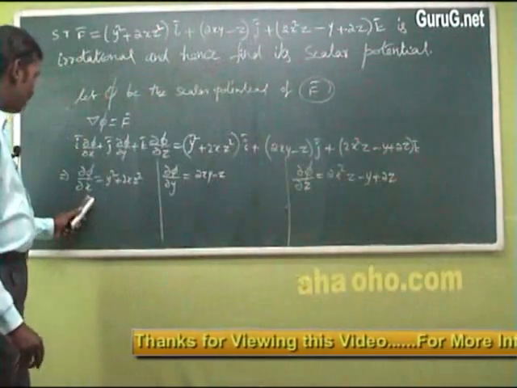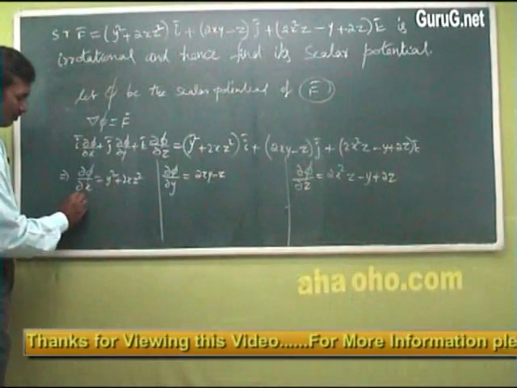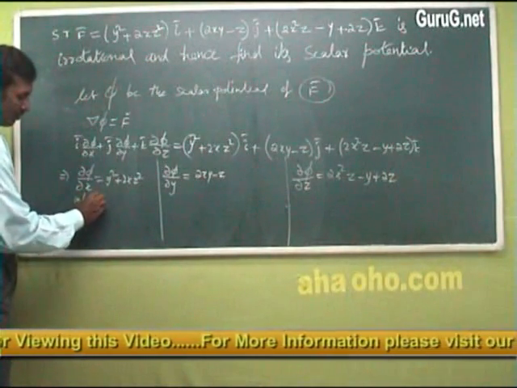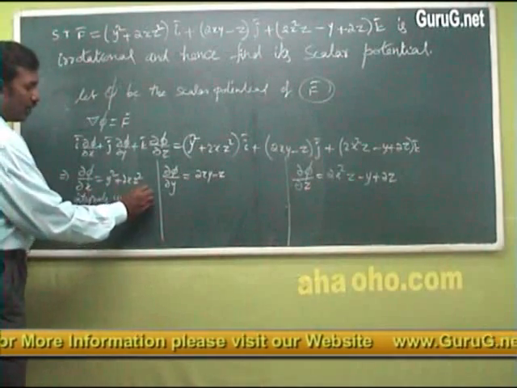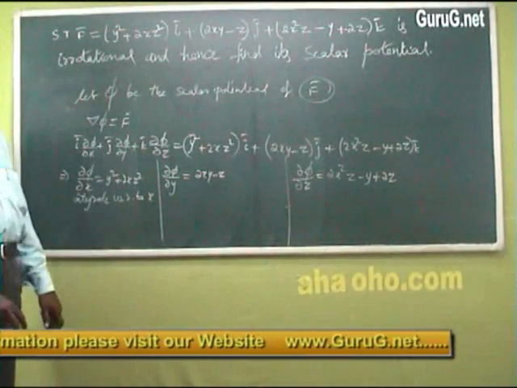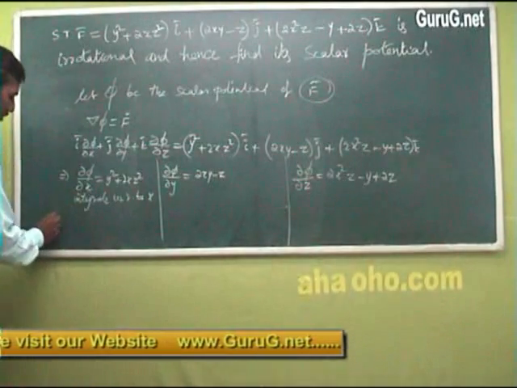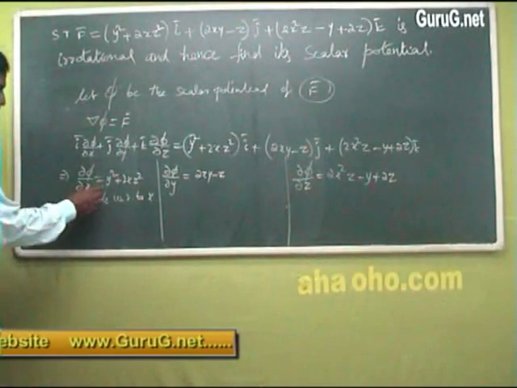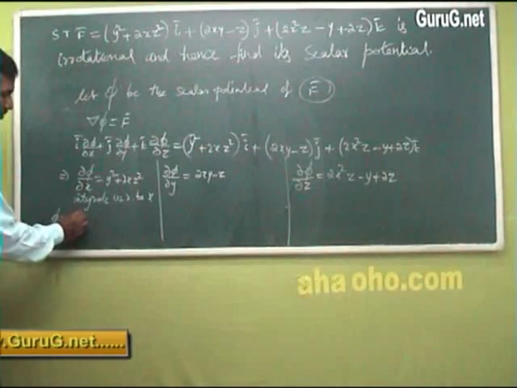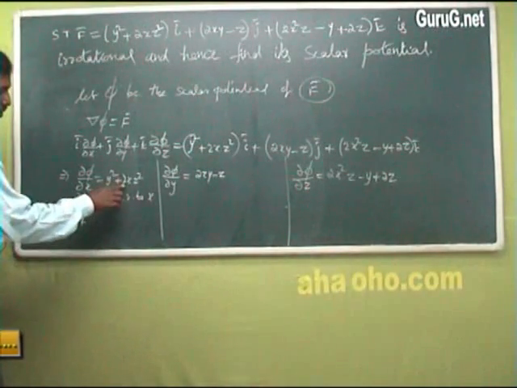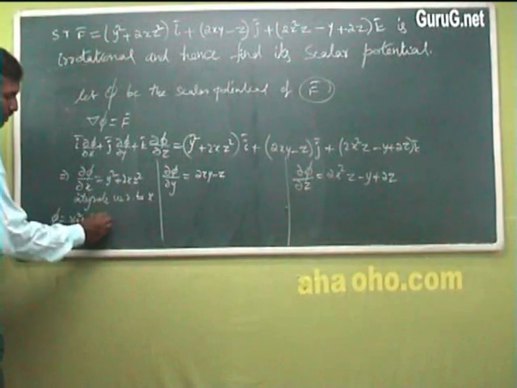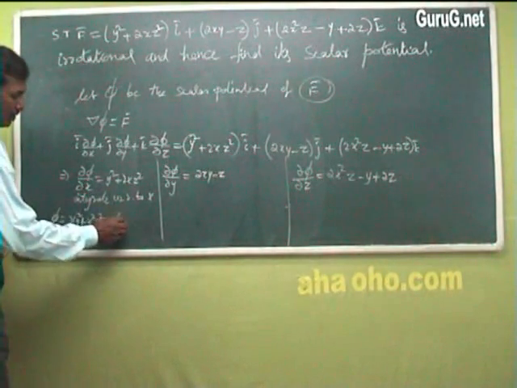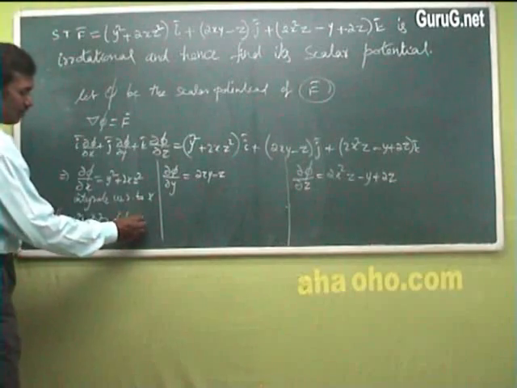So integrate with respect to x, keeping y and z as constant. So phi equal to xy squared plus 2x squared by 2, so x squared z squared, plus a constant function of y and z.